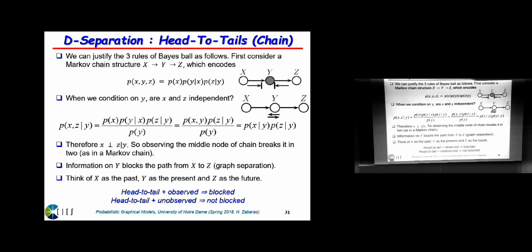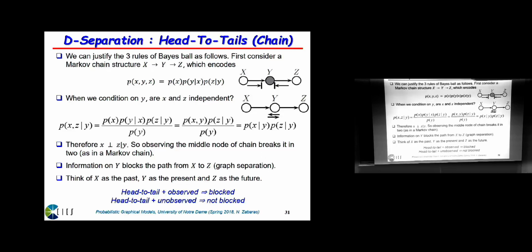So when you have this node observed, and it's heads and tail here, heads and tail, and observed, then the path is blocked, and we call this graph separation. It's equivalent to this independence relation that we see in this equation.